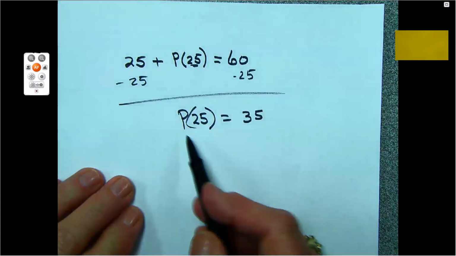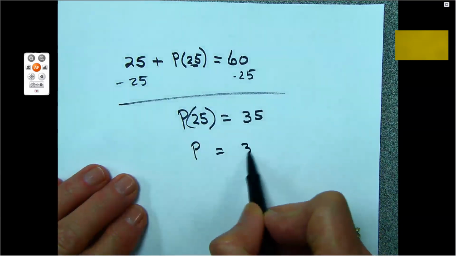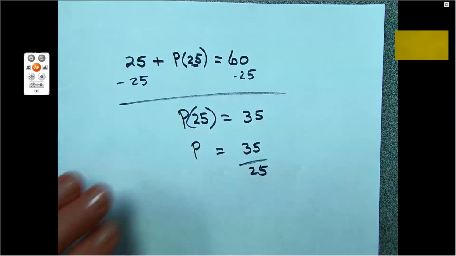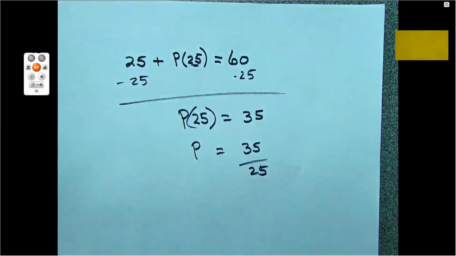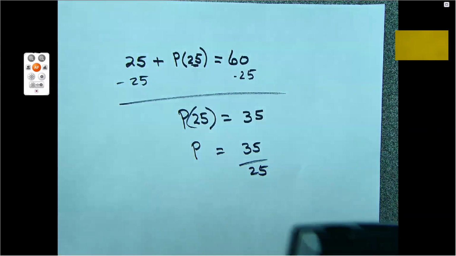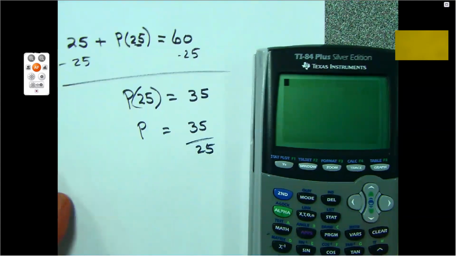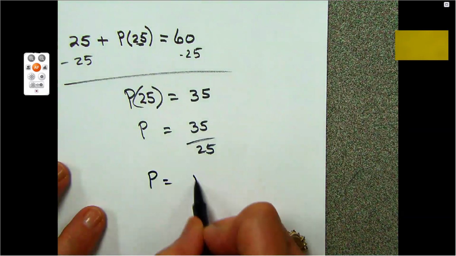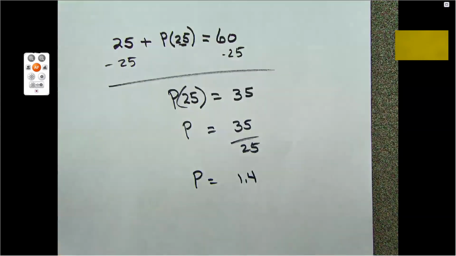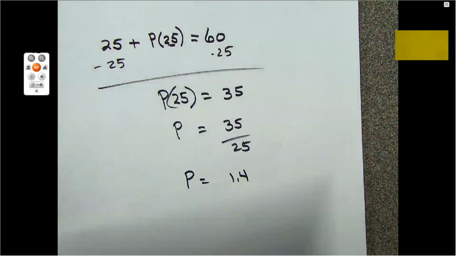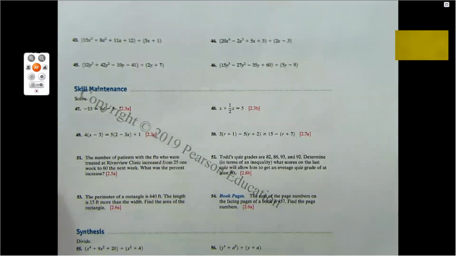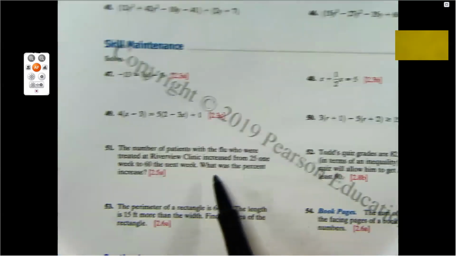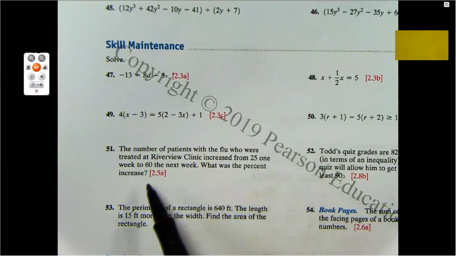This is multiplication, so I'm going to divide both sides by 25. 35 divided by 25 is 1.4. But we are to convert our final answer to percent. What was the percent of increase?